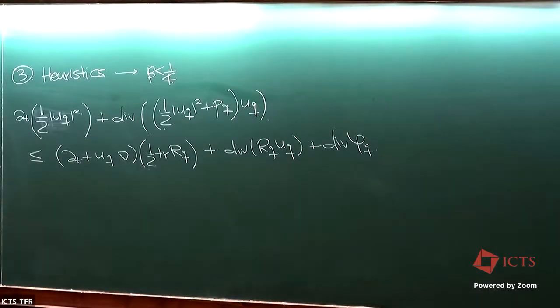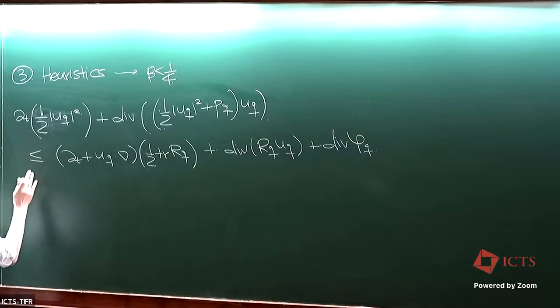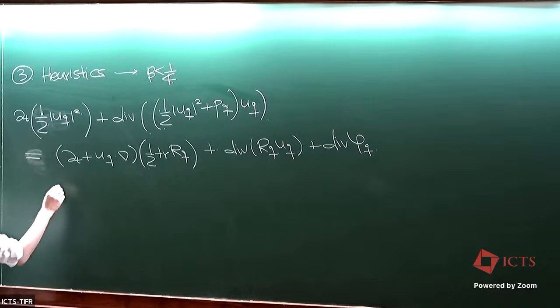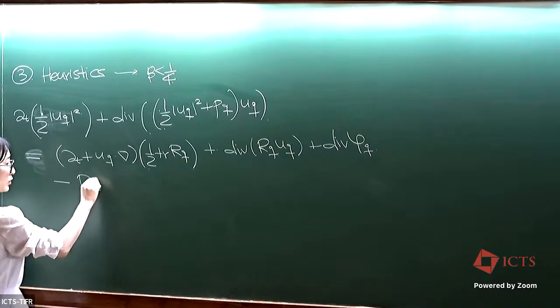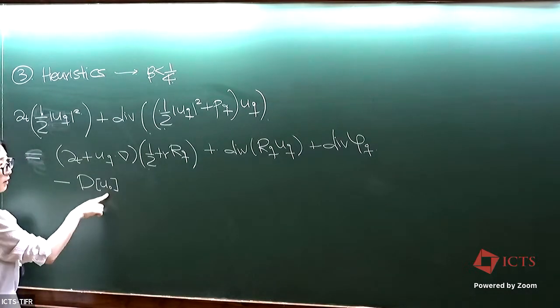So this is the relaxed inequality that I gave you, but actually what we solve is the following. Instead of this inequality, what we solve is minus some measure which is determined by the initial approximate solution.